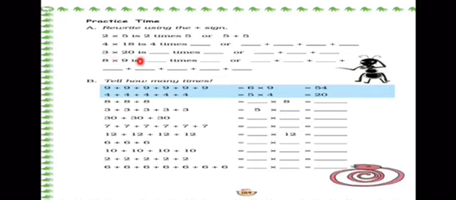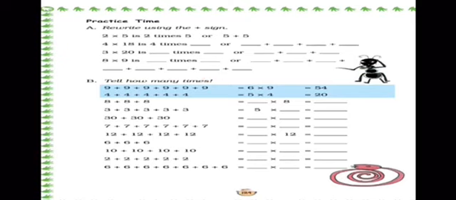Now 3 multiplied by 20 is 3 times 20, or we will write 20 plus 20 plus 20. Now 8 multiplied by 9 is 8 times 9, or we will write 9 plus 9 plus 9 plus 9 plus 9 plus 9 plus 9 and plus 9.